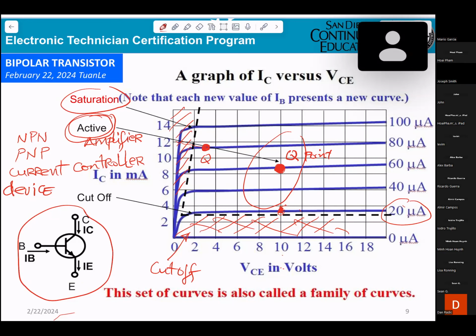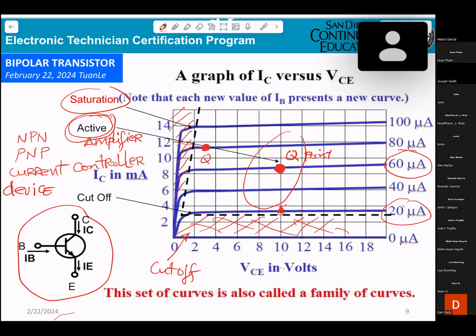remember, the transistor is a current controlled device. Why current controlled? The thing is, it depends on the IB. You get IB, you can get IC, you can get VCE. So that's why they call it a current controlled device.